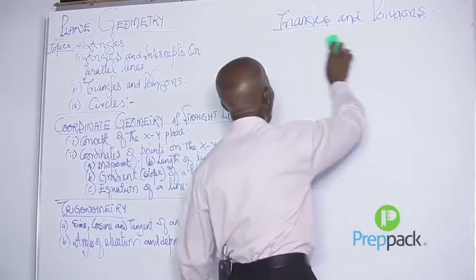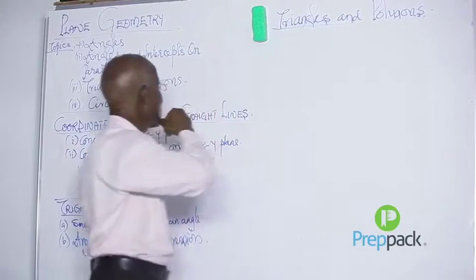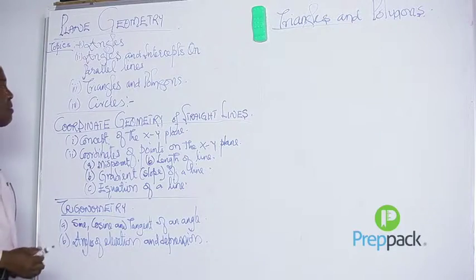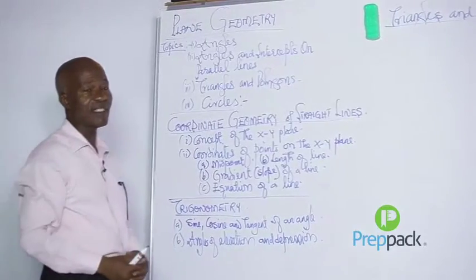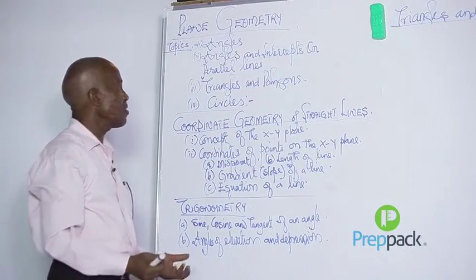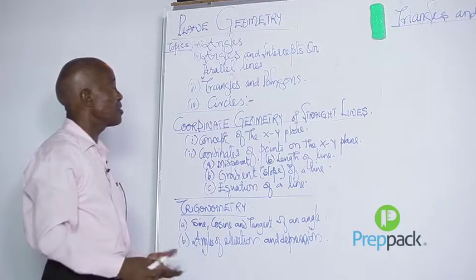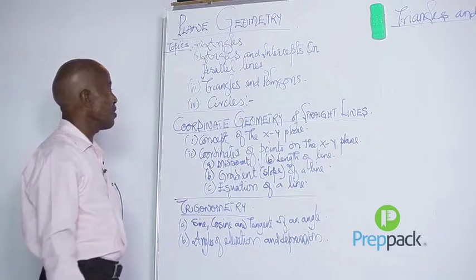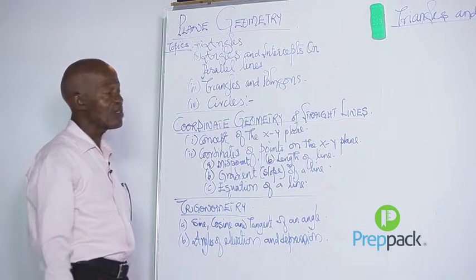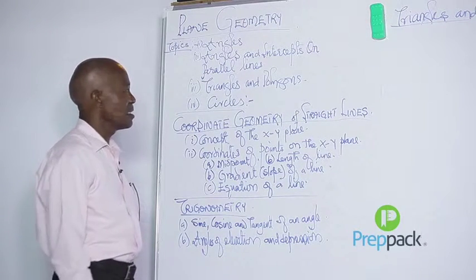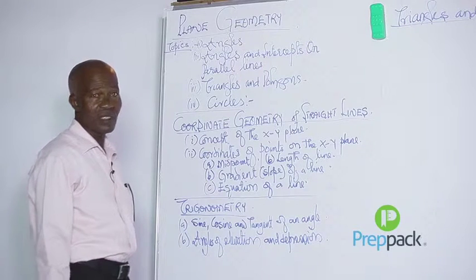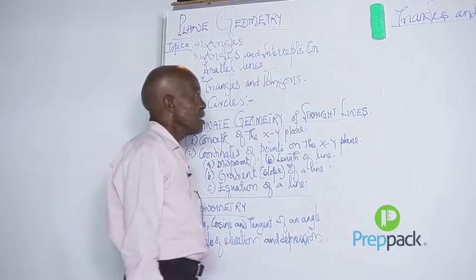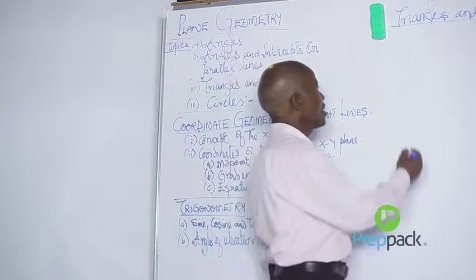Triangle is an example of a polygon. Quadrilateral is a polygon. Pentagon of 5 sides is a polygon. Hexagon, 6-sided figure, is a polygon. Septagon. Octagon, 8 sides. Nonagon, 9 sides. And decagon, 10 sides, are examples of polygon.